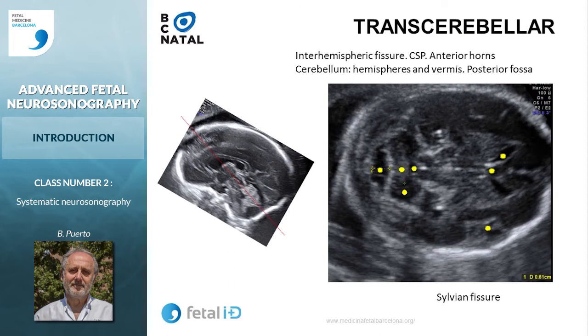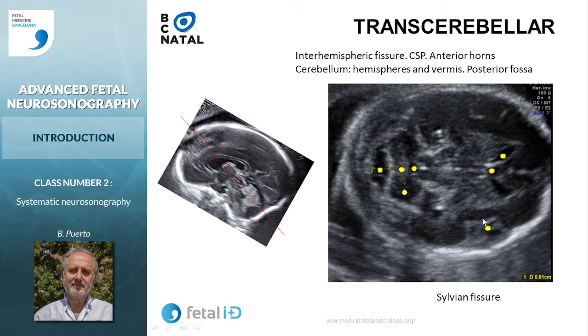The last section is the transcerebellar plane, a little more oblique than the other two. From front to back, we will identify cavum septum pellucidum, which is a reference to know we are making it correctly, the anterior horns of the lateral ventricles, Sylvian fissure.